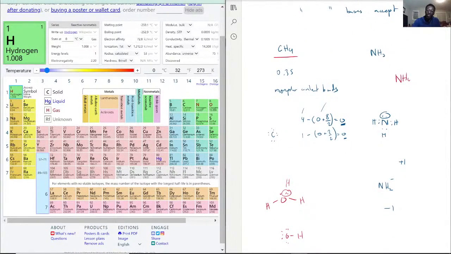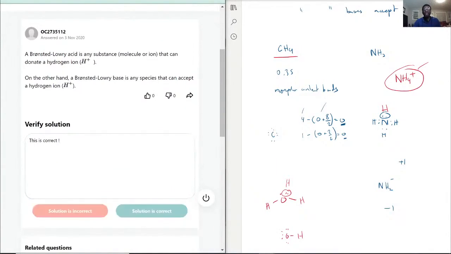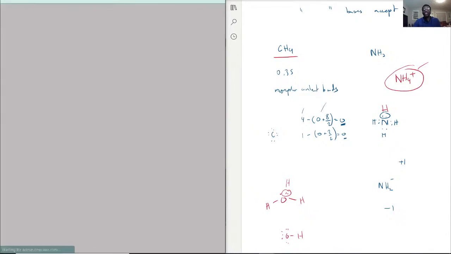If you had NH4+, which is when this gained the hydrogen, this now can give away an acid, to go back to ammonia. This is ammonium, that NH4+, and then NH3 is ammonia. Okay, so that is just a tricky part of Bronsted-Lowry acids and bases, is that you have to be able to identify which hydrogen actually can be given away and which space actually can receive a proton.